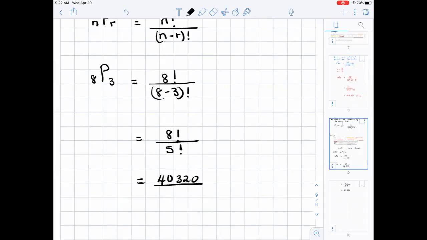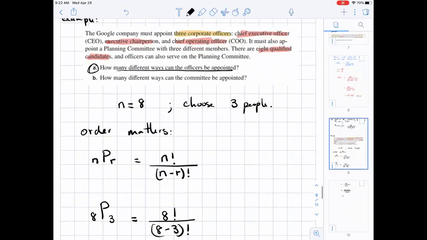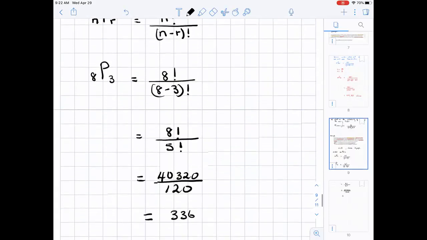Divided by 5 factorial, which is 120. And if you divide those two numbers, that is 336. Okay, so how many different ways can the officers be selected?